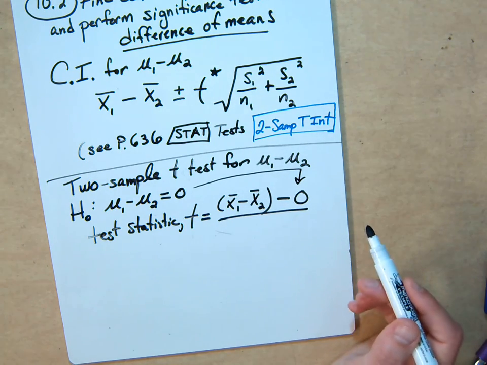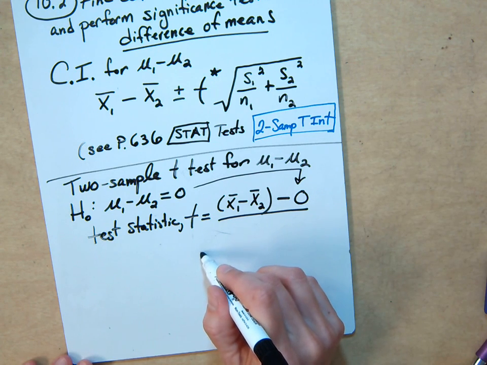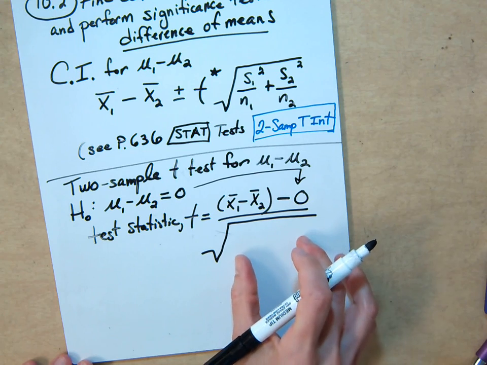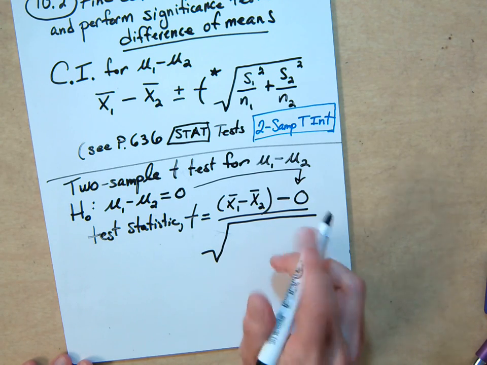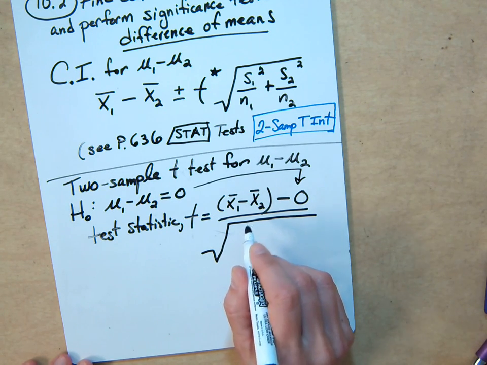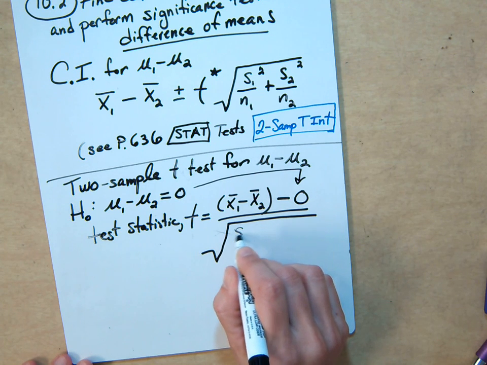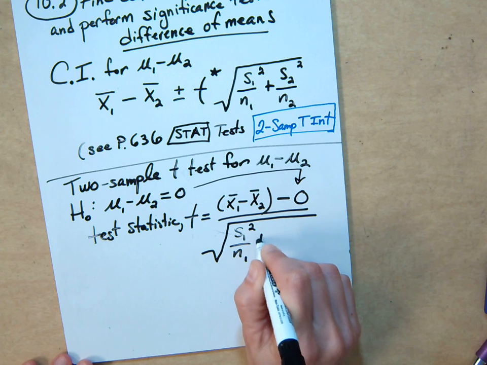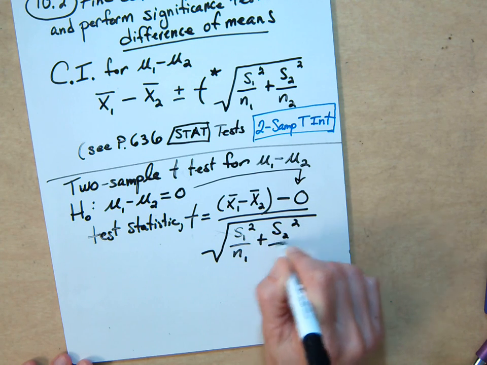It's typically going to be 0 though, over the same thing as before, and it's not pooled as with proportions. We pooled them together. Don't do that with means. So it will just be s sub 1 squared over n sub 1 plus s sub 2 squared over n sub 2.